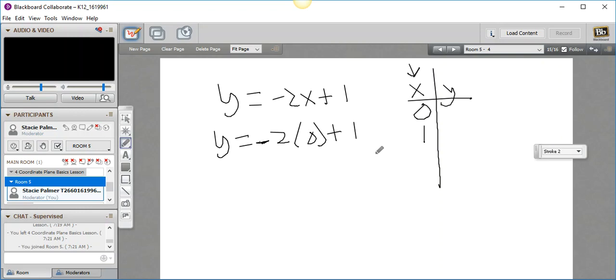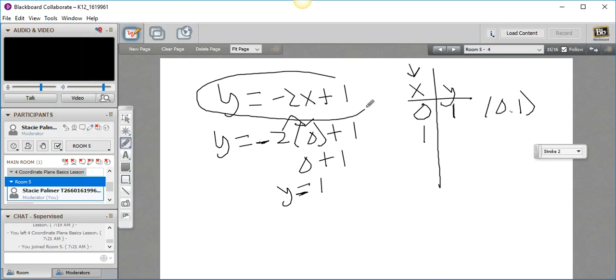If you don't do your operations correctly, the graph of your line is not going to be correct. So negative 2 times 0, if you put that in your calculator, you get 0. And then 0 plus 1 is 1. So when the x is 0, the y is 1. This point, 0, 1, is a point on this line.